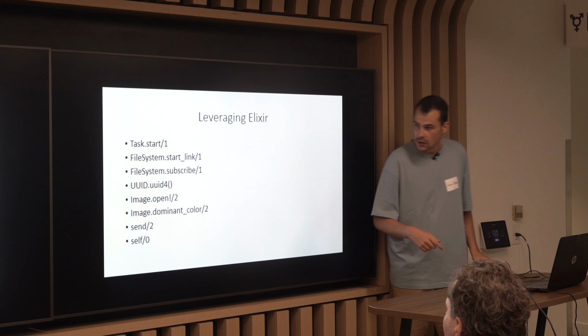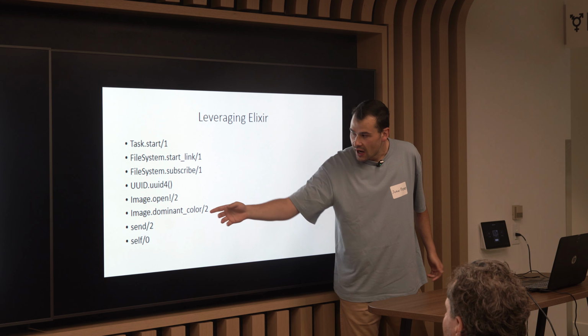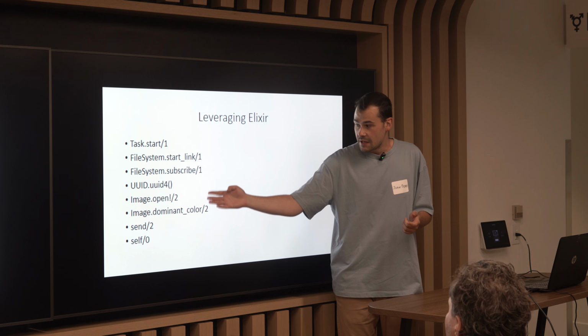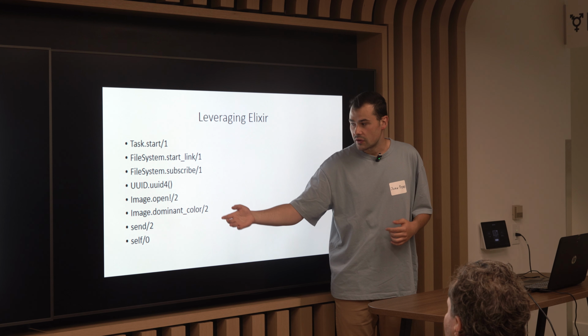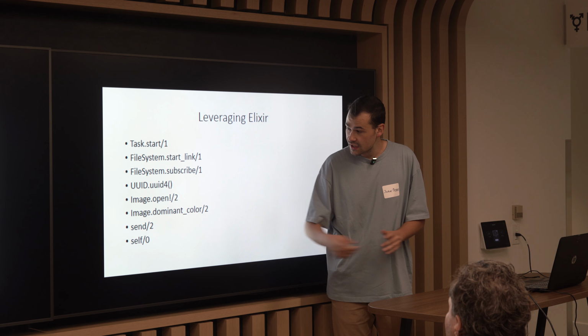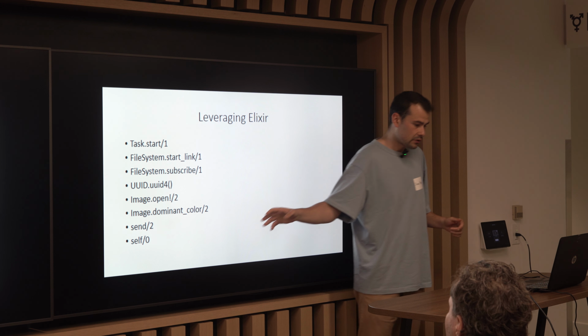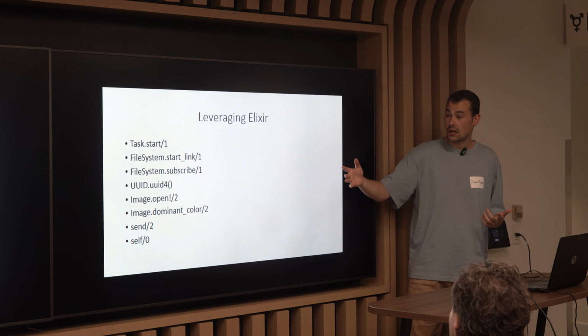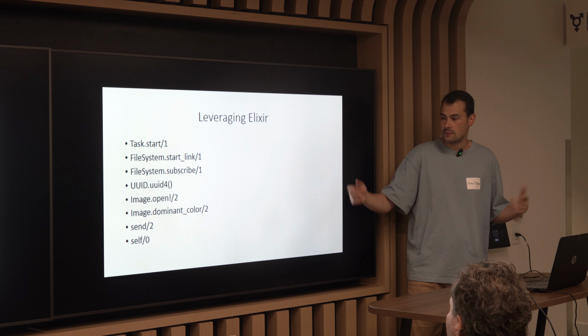UUID is only to create unique strings. Image.open is to load images, and Image.dominant_color, that is important here, is to obtain the dominant colors of a frame of an image.